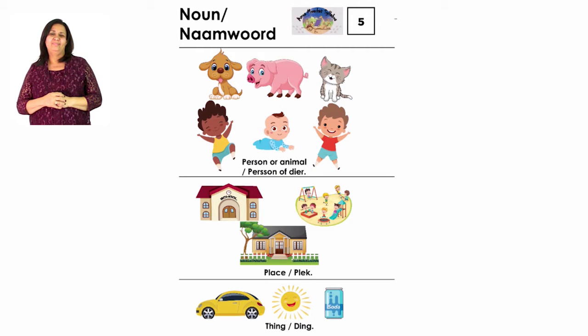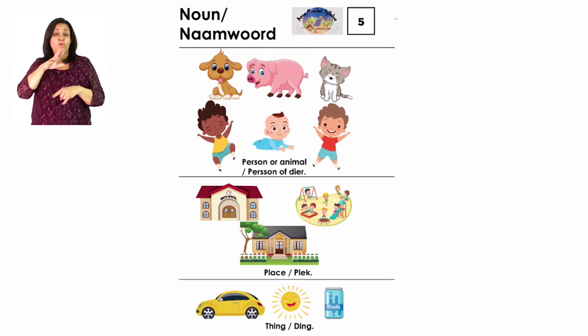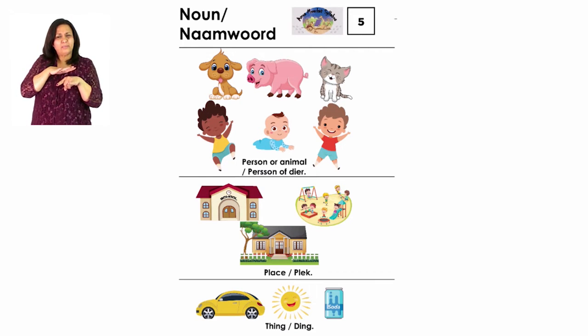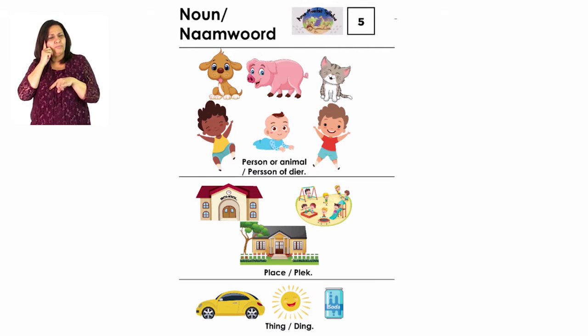Right, let's look on the other side. We have just mentioned that names of animals are part of nouns. Can we think of other names of animals? Think of the farm animals that we find on the farm.